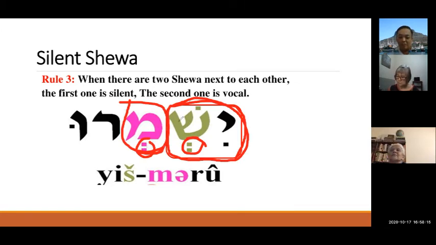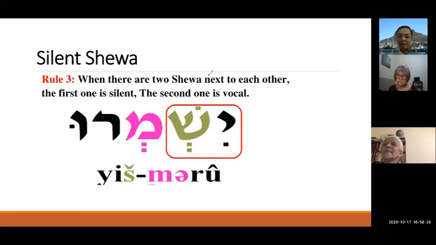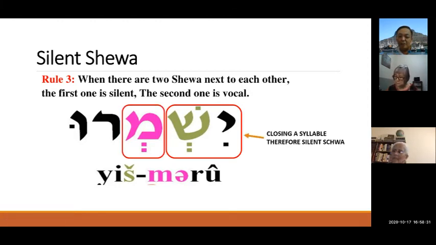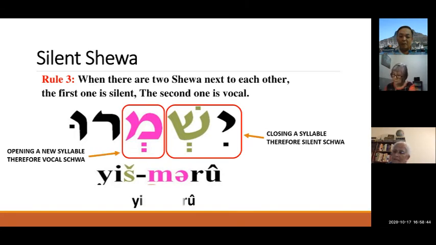For example, the word yishmeru: the first one is a silent schwa because it closes the syllable, and the second one opens a new syllable, therefore it becomes a vocal schwa. So this is a lot clearer, rule number 3: how you tell whether it's a vocal or a silent schwa.